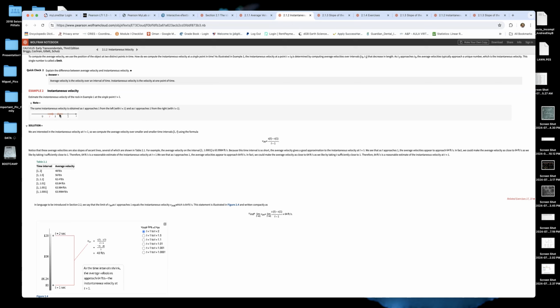What is going to happen is that in that ratio of the average velocity, we are going to approach a number that is going to be the instantaneous velocity at 1 second.